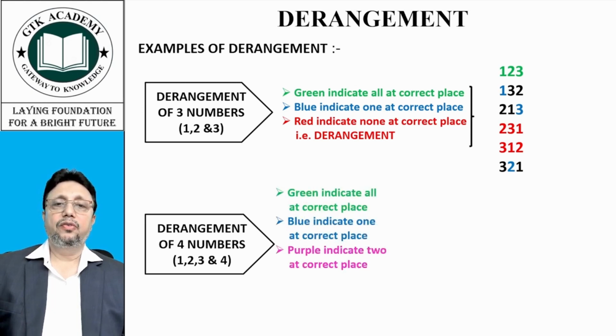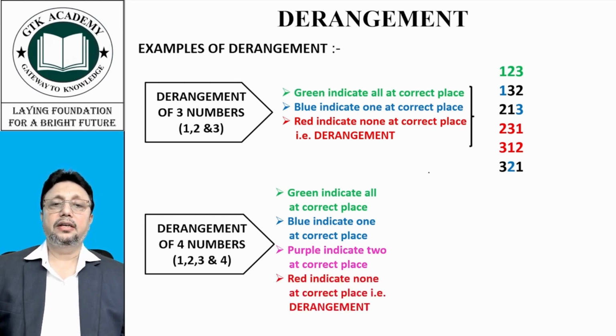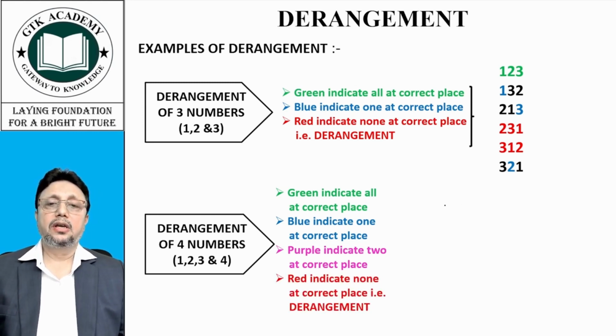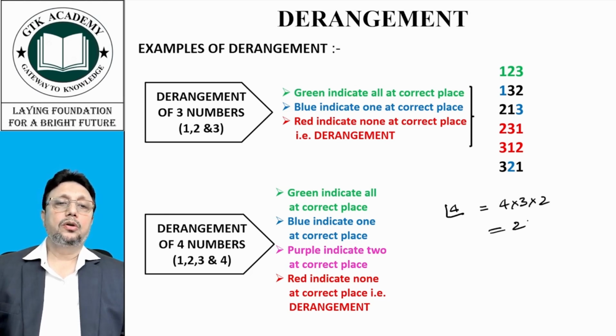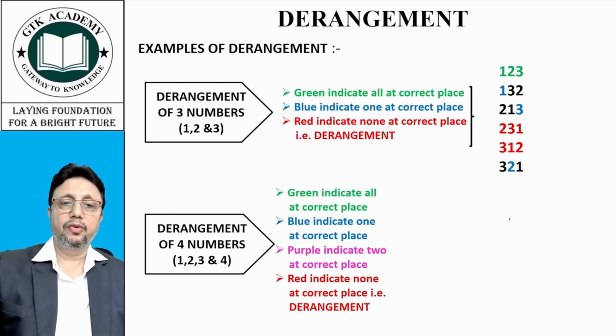Again, we'll use one more purple color indicating 2 at its correct place, and red, none is at its correct place. So total permutation will be factorial 4, which will be 4 into 3 into 2, 24. So we'll write them here.